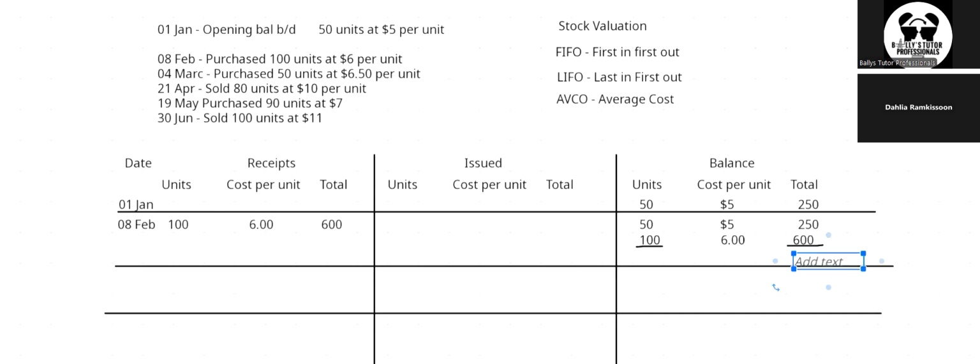My total units will be 50 plus 100, 150, which means my cost per unit will be 850 divided by 150. Total cost divided by total units. And that will be $5.67. So that's my cost per unit now.